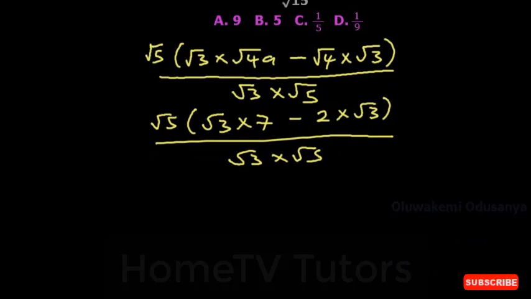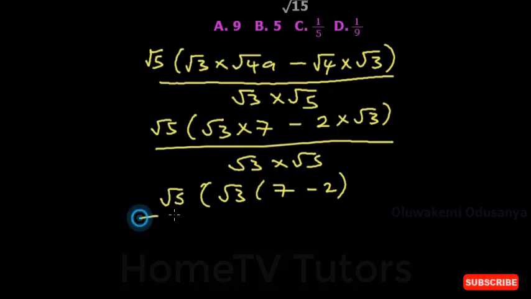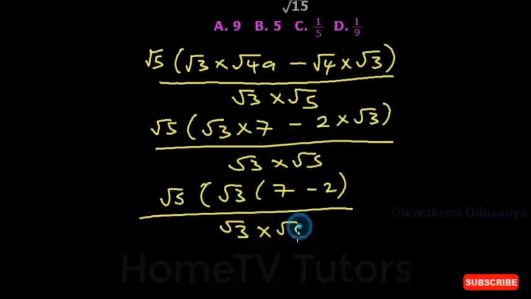Then we can look for like terms here. Square root 3 bracket 7 minus 2 bracket divided by square root 3 times square root 5. Okay, so now we can have square root 5 bracket square root 3, 7 minus 2, which gives us 5.